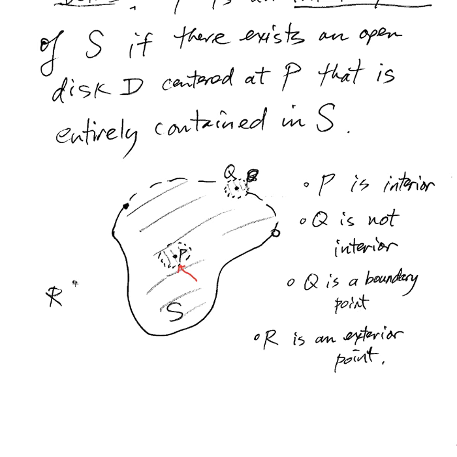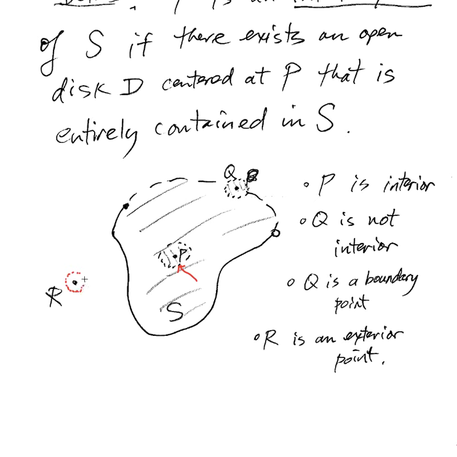Here I've got R out here. This is called an exterior point. It's exterior to S. It's not a boundary point, and it's certainly not an interior point, because you could imagine a sufficiently small open disk centered at R. Remember, an open disk includes the interior of that disk too.